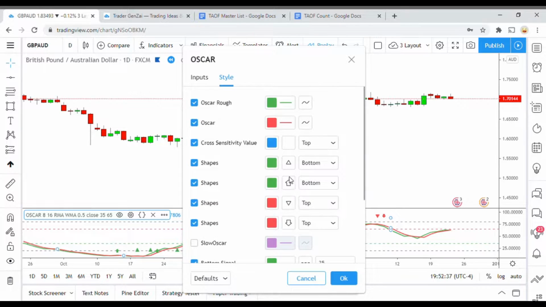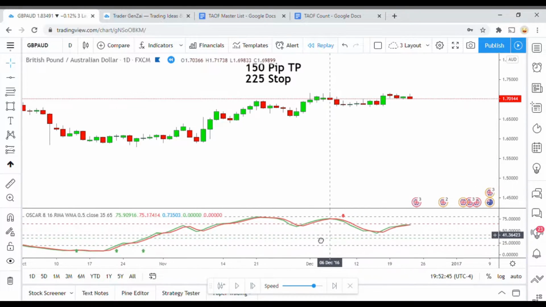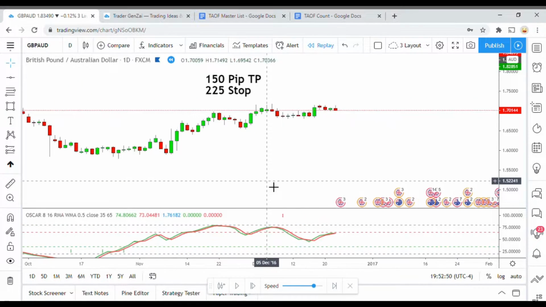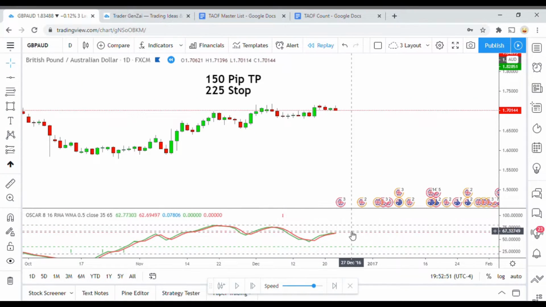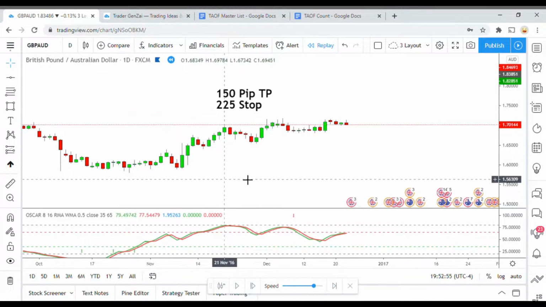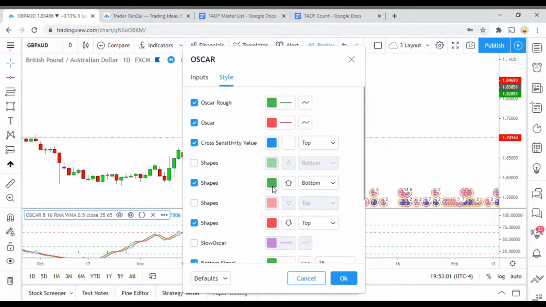I think I am going to go in and turn off the little triangles, and we're just going to concentrate on the arrows. I wish there was a way to make the arrows larger, but it does not appear there is.